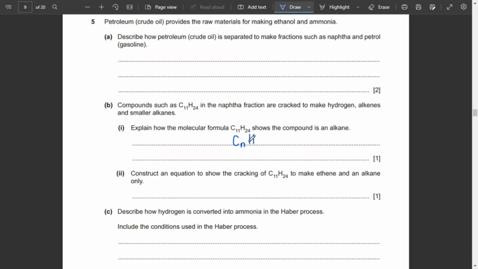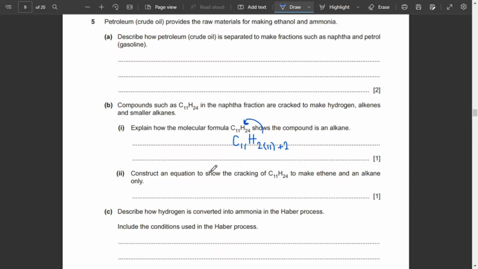You can also do it in this way. If we consider n as 11 and 2n plus 2, which is 2 into 11 plus 2, it is going to form C11H24. Because it follows that general formula, we can say it is an alkane.